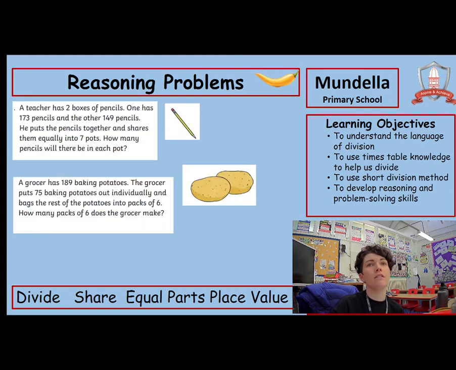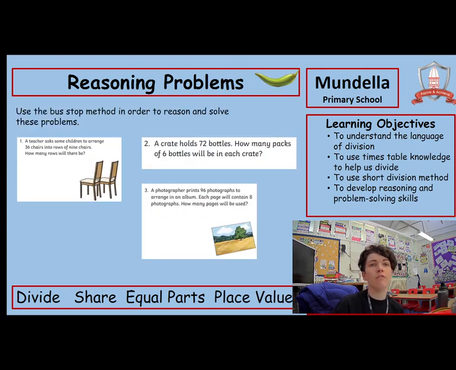Before you start your task, remember with word problems, you need to be thinking about what is the important information. If you'd like to copy the word problem out, that's fine. Highlight or underline the important information. Work out what we are dividing, and think about what the question is actually asking.